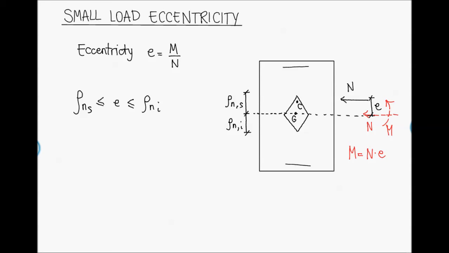So in this case, we can use the effect superposition principle in order to analyze and evaluate the stresses on our cross-section. We will consider now, for sake of simplicity, a symmetric rectangular cross-section having symmetric reinforcements.